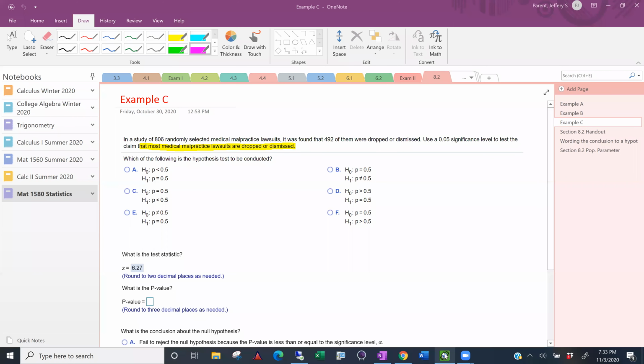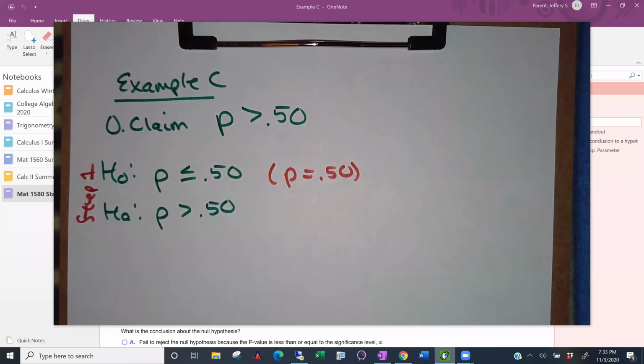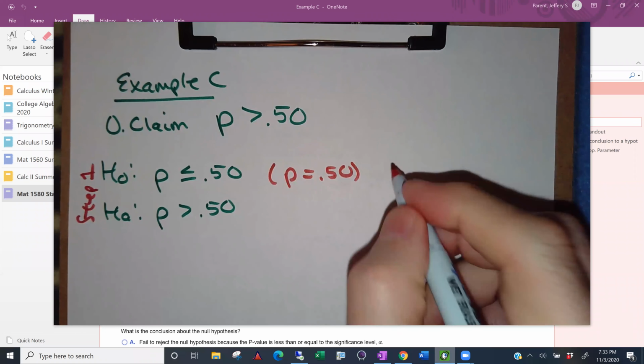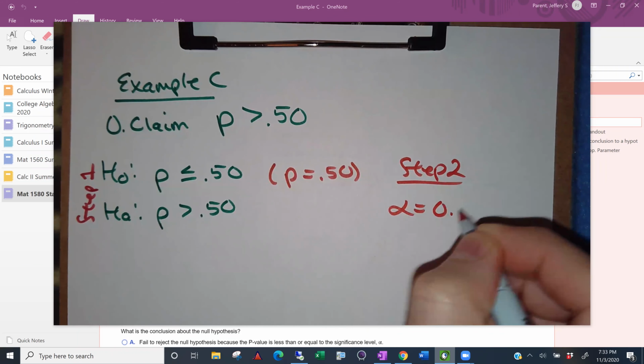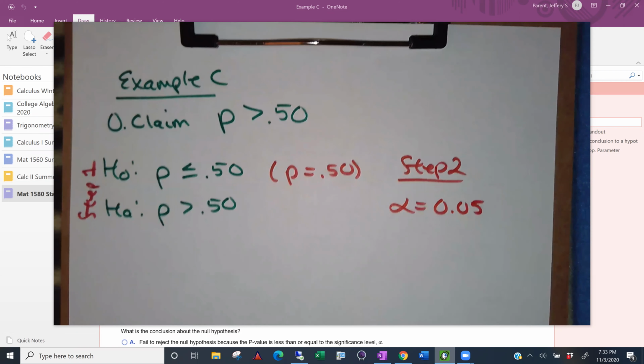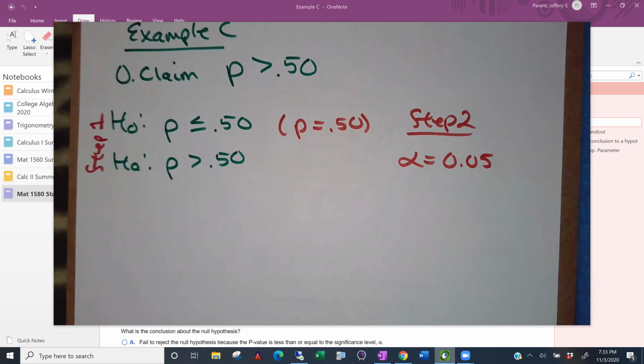So let's see, we want to test this. Step two, we want to make this test at the 5% significance level. So step two, alpha equals 0.05. That's a standard level. That's very, very common.